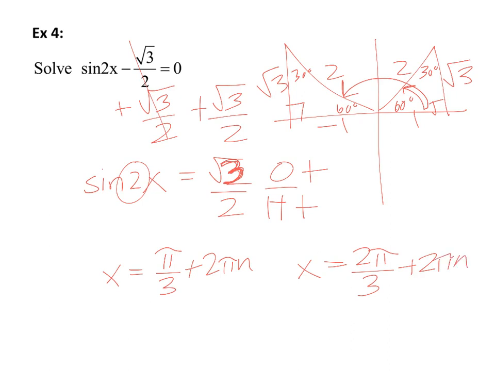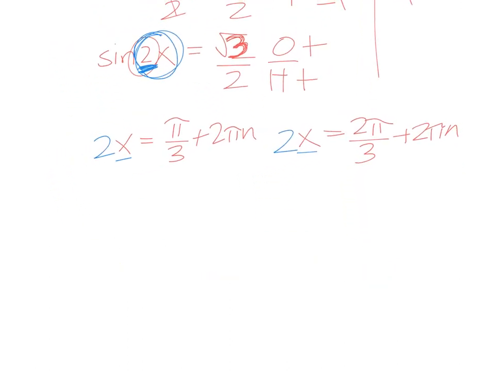Alright, now for this problem, we've done everything correct so far except for one piece. We have to take into account this 2 here. So normally, if this was sine of x, then you have x here, x equals whatever you come up with. But now we have 2x. So instead of saying x equals, we're going to write 2x equals. Alright, and because we have 2x and we want to isolate x, we divide by 2 then.